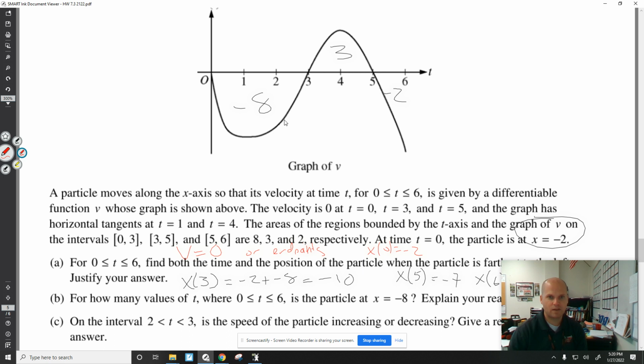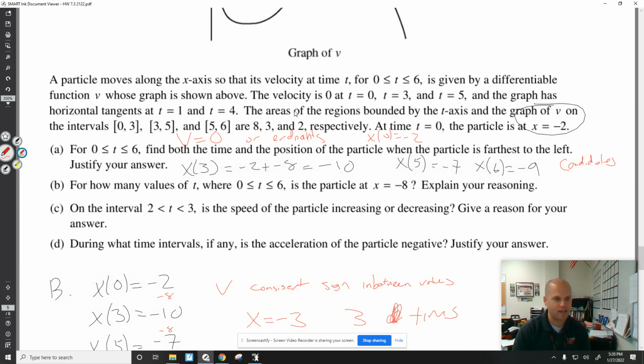From 2 to 3, is the speed of the particle increasing or decreasing? It's decreasing. The absolute value of your velocity values are decreasing. That's one way to say. Or you could say V is negative, A is positive. The signs of V and A are opposites.